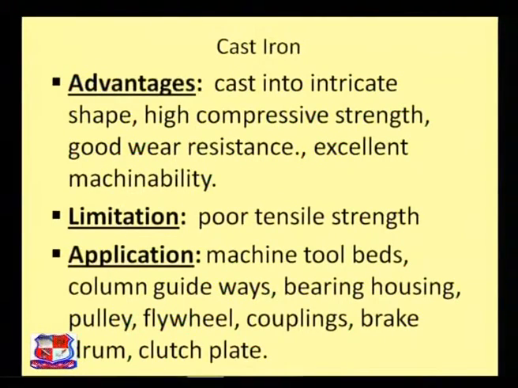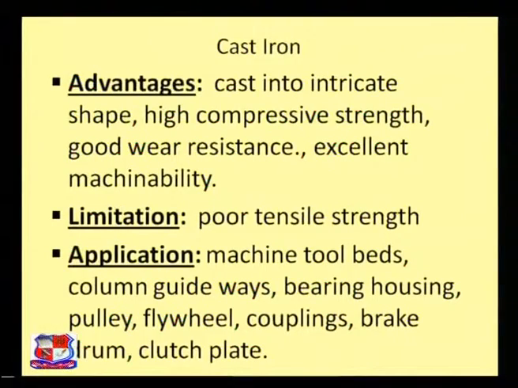Any component made of cast iron can resist wear and tear, and it has excellent machinability. So for any component or machine part made of cast iron, we can easily do any kind of mechanical and machine operation. That is a very vital and important property of cast iron, that it possesses excellent machinability.